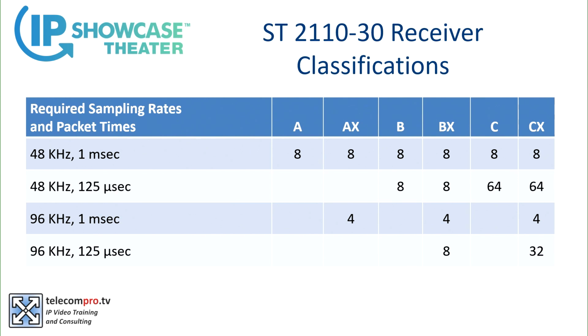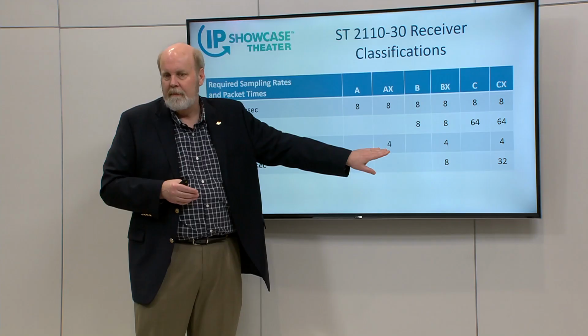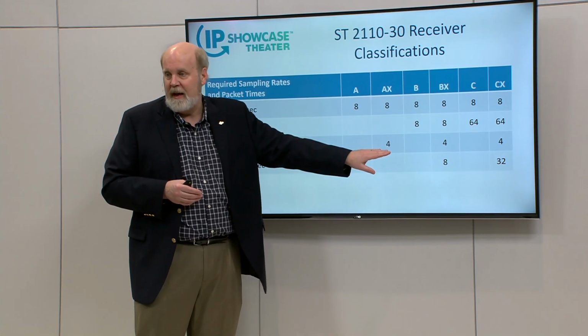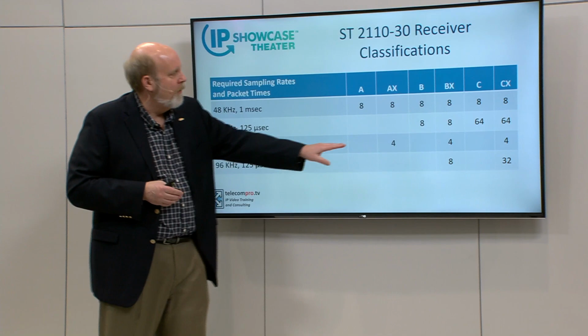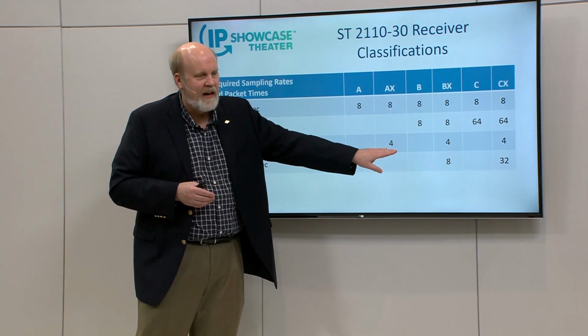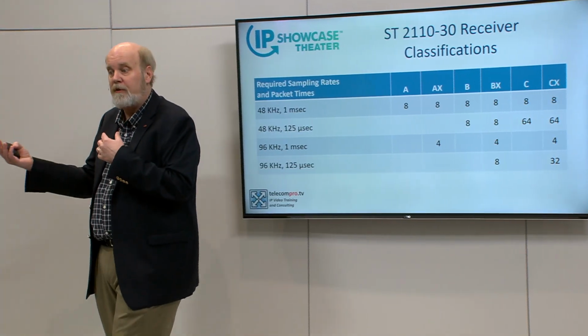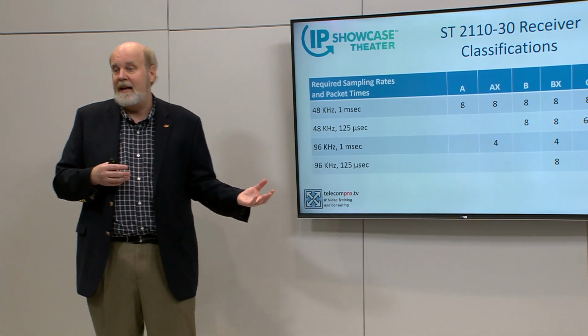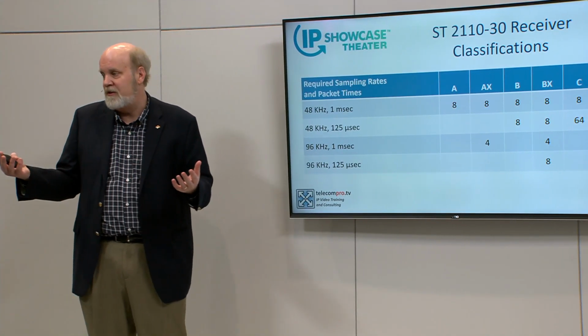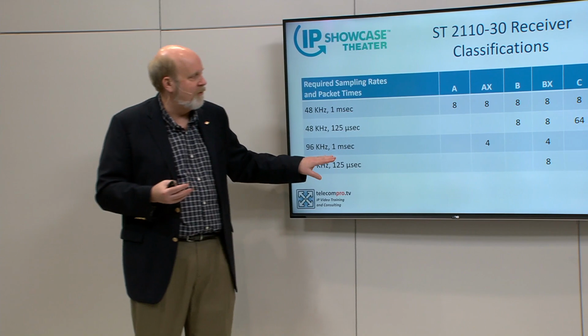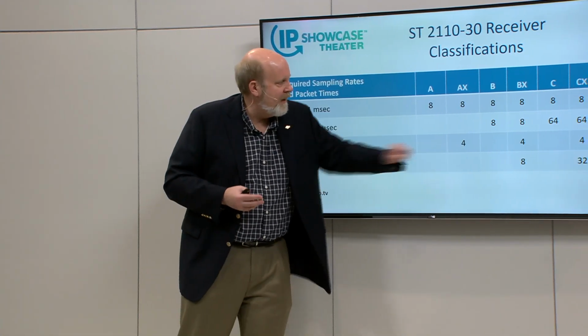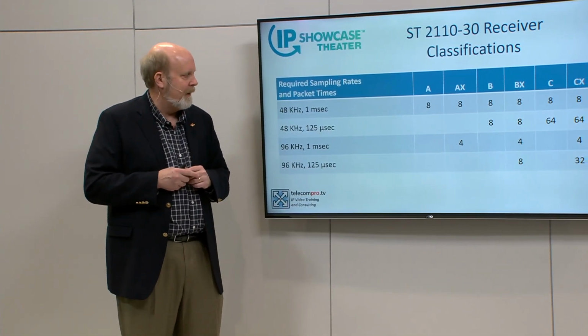An AX receiver, the X means that it handles 96 kilohertz sampling, which a lot of people are starting to use today. Now notice here that we only have 4 instead of 8. Why is that? We have twice as many samples, okay? So 1 millisecond of one channel here is not going to take up 144 bytes, it's going to take up 288 bytes. It's literally twice as much data when we have double the sampling speed. So we have to derate our receiver for that capability.